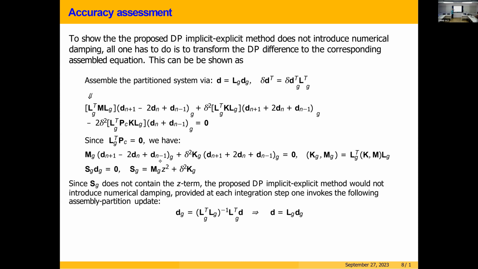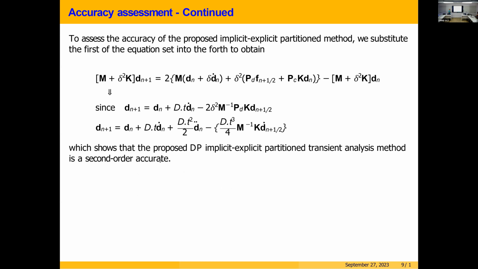So in the G equation, in other words, we are back to the assembled equation, the notion of extrapolation goes away, and therefore it's unconditionally stable. That doesn't mean we have the full accuracy of the assembled system at all.